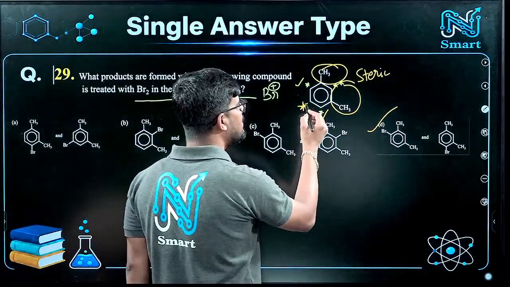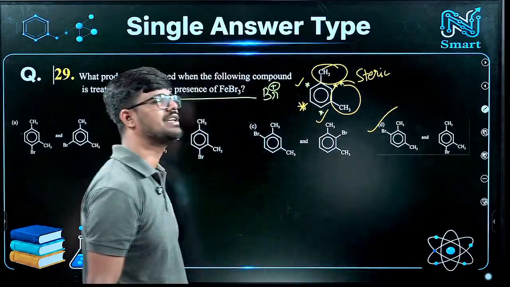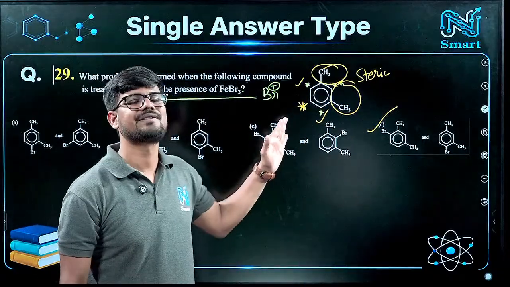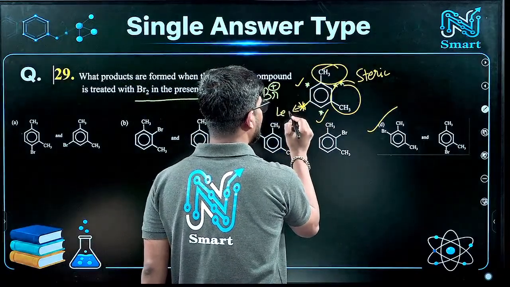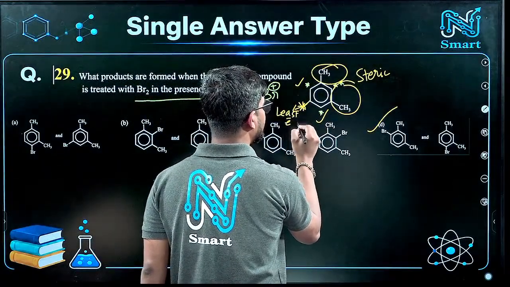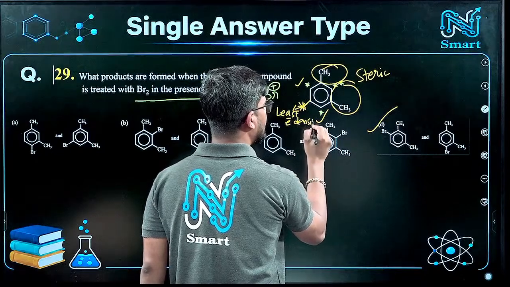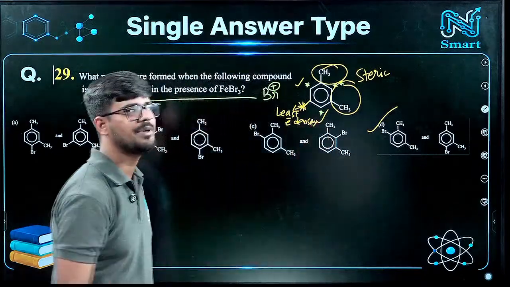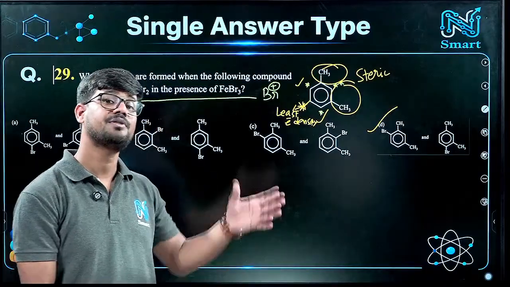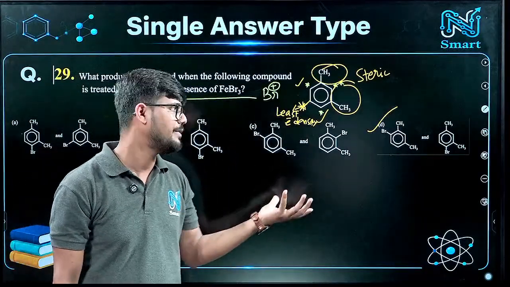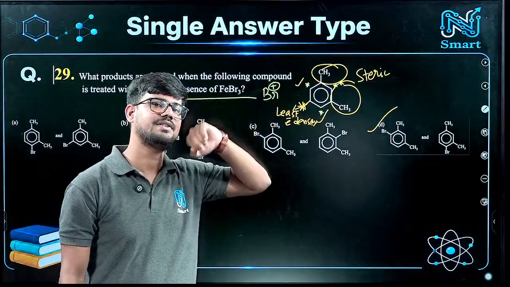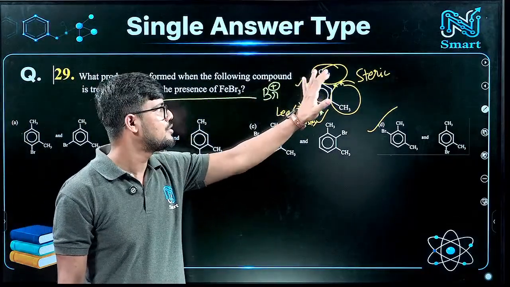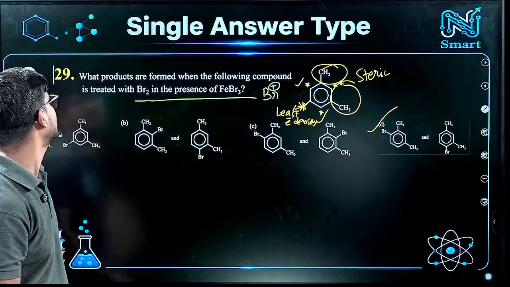Because this is meta position and by default here we have least electron density. And we know if the electron density is less, Br plus will not attack there, because Br plus is electrophile, right? It wants electron. Why it will go to a position where electron density is not there, correct? So that's why option D is the correct answer in this case.